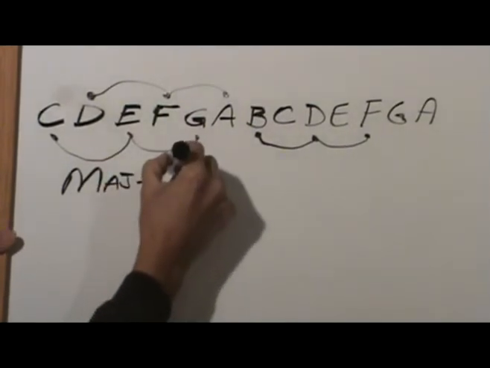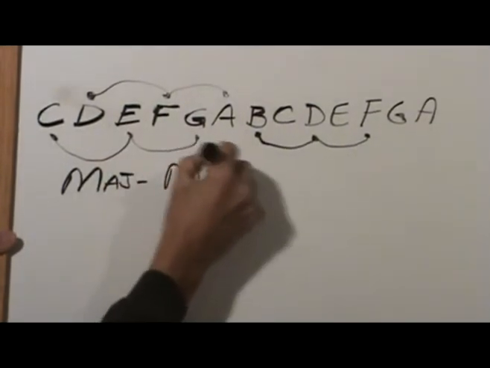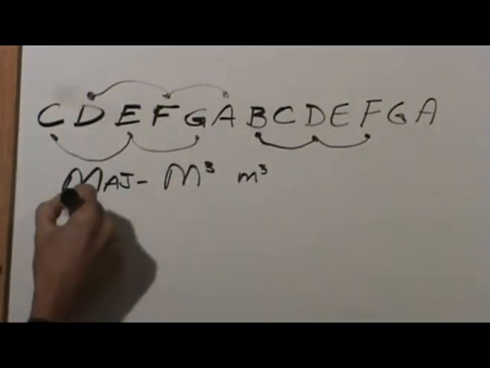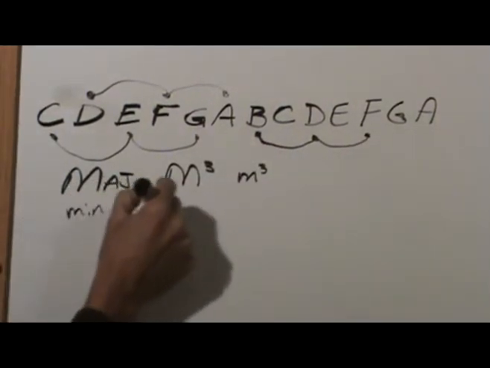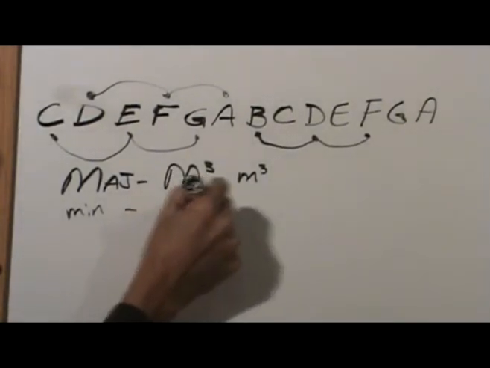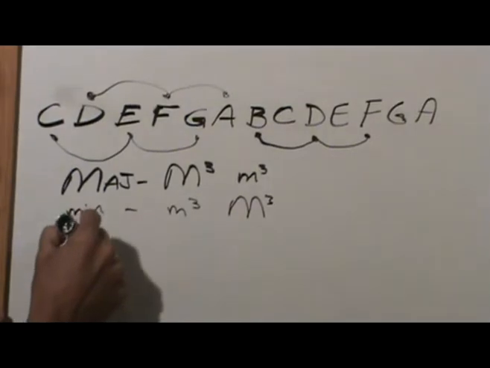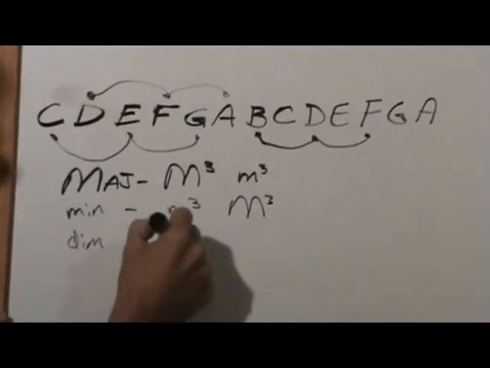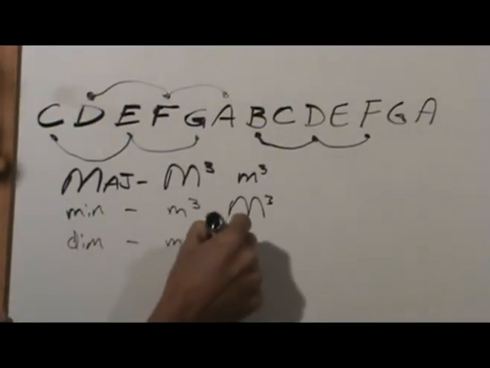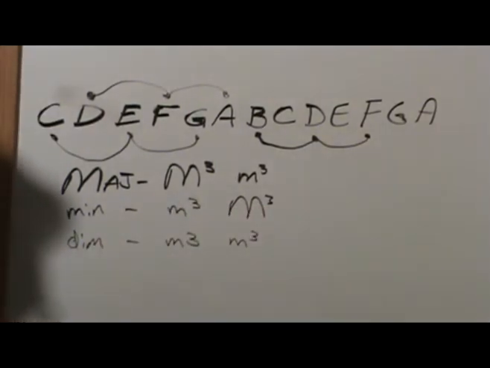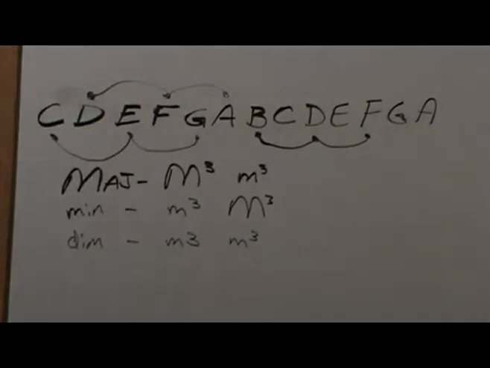Major is a major third and a minor third. And minor chords are a minor third and then a major third. And diminished is a minor third and a minor third. And we're getting ready to take a listen to what they sound like.